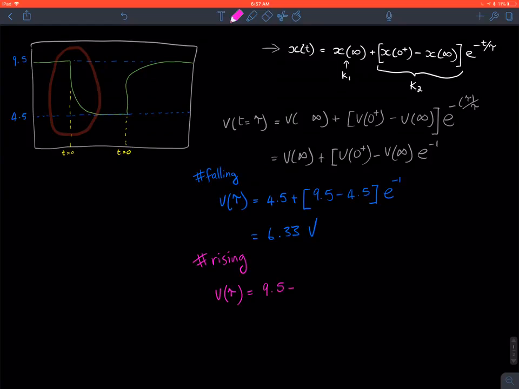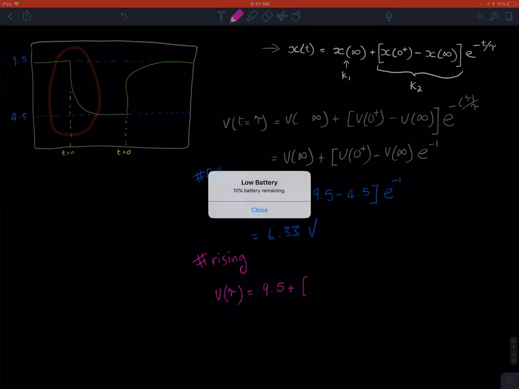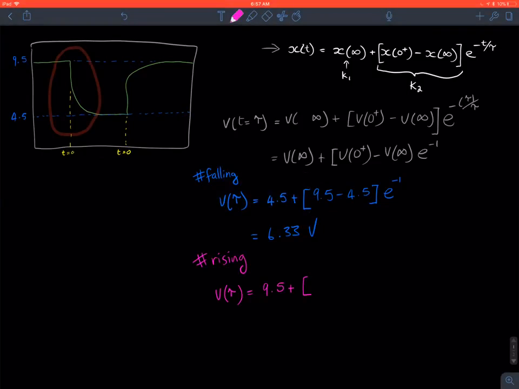So you got 9.5 and then plus. And now, if you look at your V0 plus, it's going to be your lower value, so it's going to be your 4.5. So you get 4.5 minus, and then once again, your infinity value, so where it ends up being, which is 9.5. And put that in brackets, multiplied by e to negative 1.